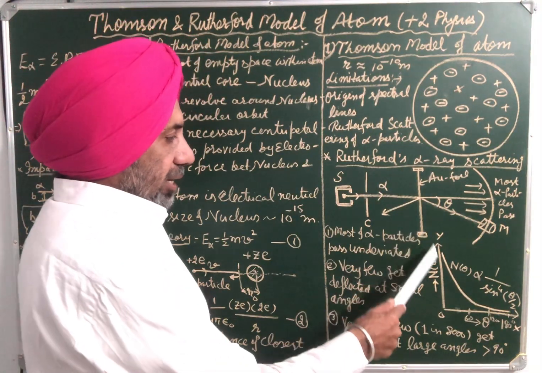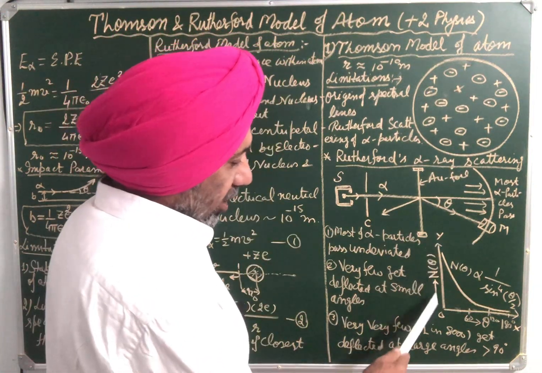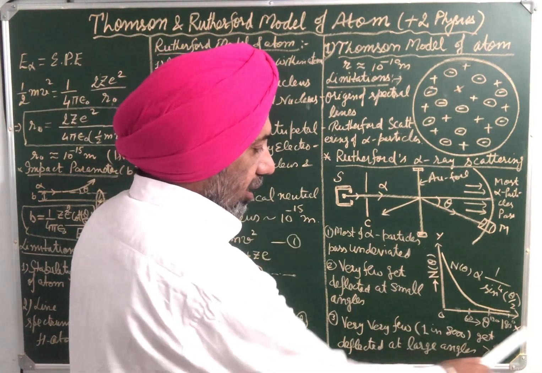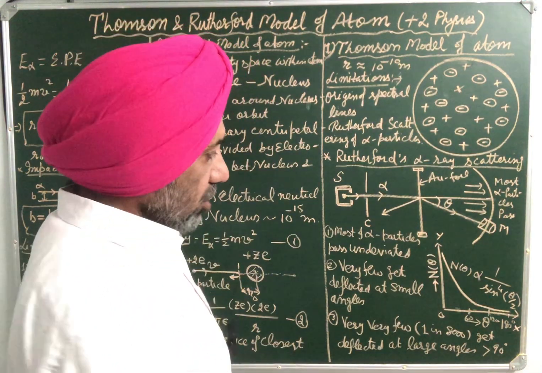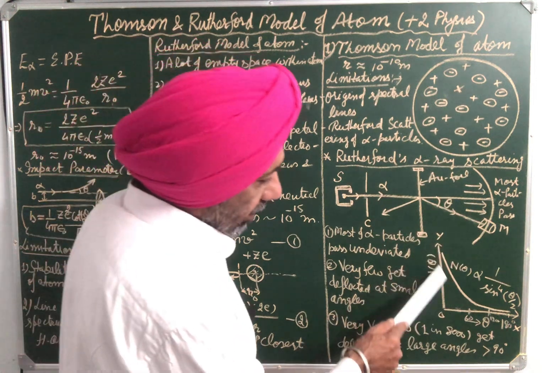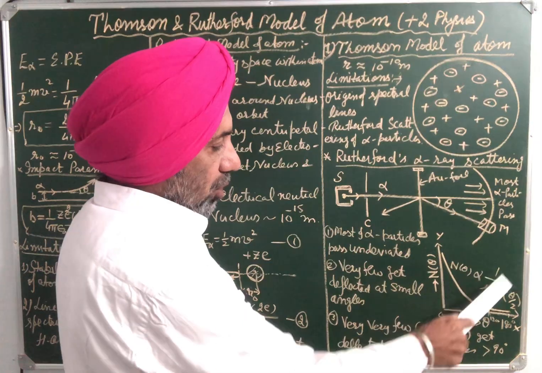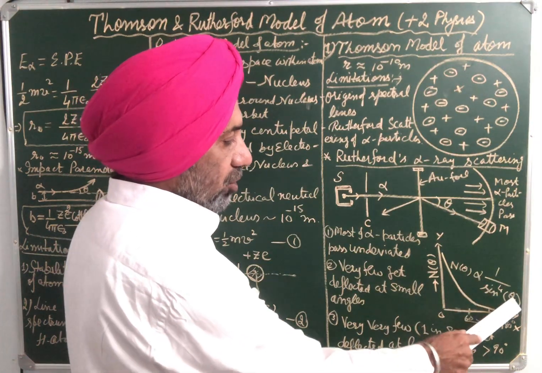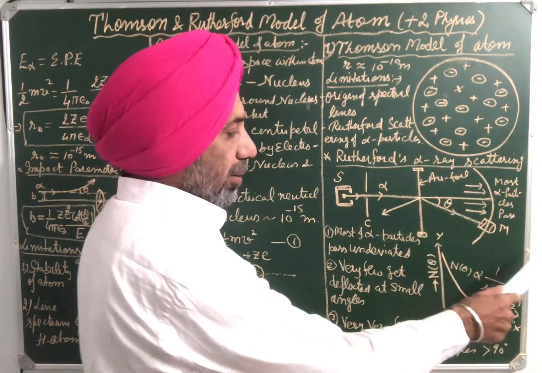He counted the number of alpha particles scattered. Then he plotted a graph taking angle of scattering along x-axis and the number of particles scattered along y-axis. The number of particles scattered is inversely proportional to sine power 4 theta by 2, or N theta is directly proportional to cosecant power 4 theta by 2.